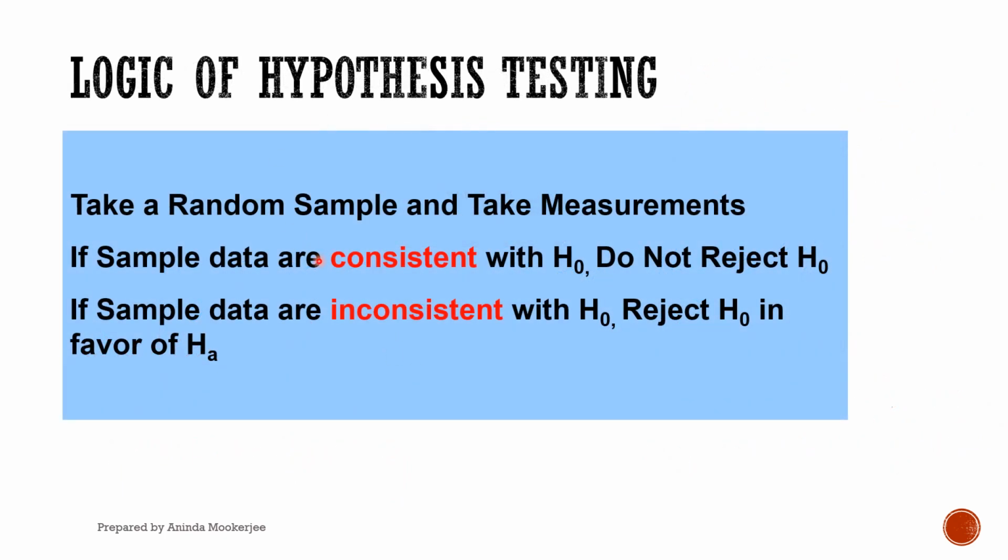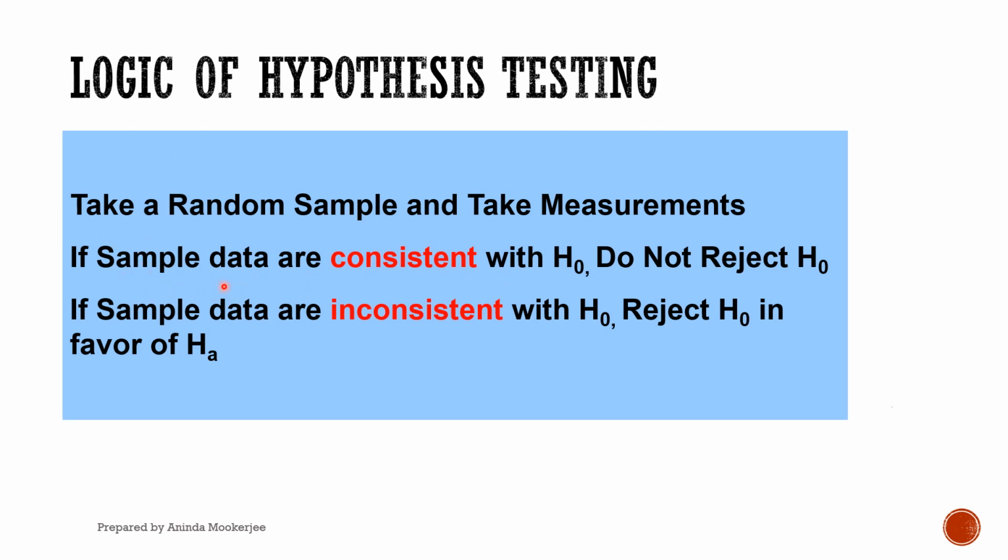Let's talk about the logic behind the hypothesis testing and on what criterion we decide whether the null hypothesis is going to be rejected or not rejected. Now, previously we said that the alternate hypothesis has to provide strong or sufficient evidence in order to reject the null hypothesis. And where does that evidence come from? It comes from the sample data.